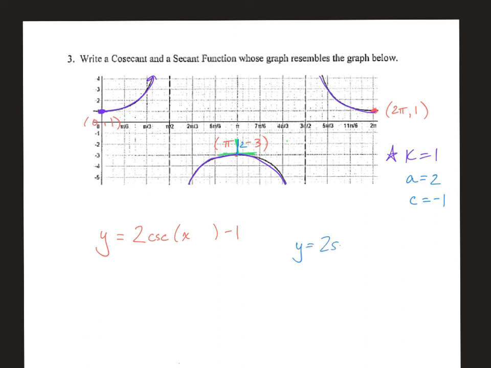Or I have my secant graph, possible phase shift, possibly not, shifted down 1. So as we consider the starting point, I know that my cosecant graph normally starts at a minimum. Or I know that my secant graph normally starts at a minimum.